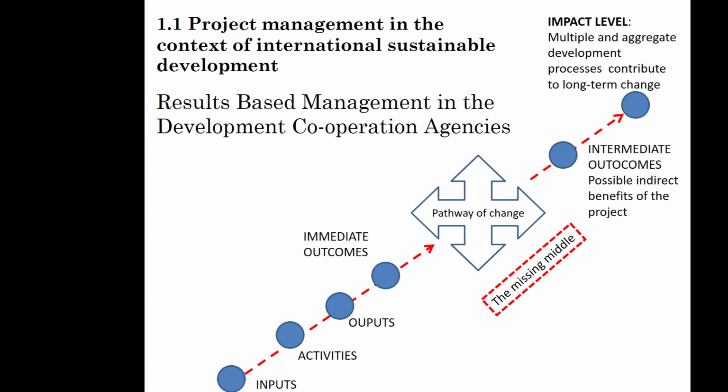So the basic mechanisms of change were in fact not explained enough in former theories. Let's take an example: change in the capacity of extension officers, let's say for agriculture in some developing country, to train farmers in climate-smart agriculture.